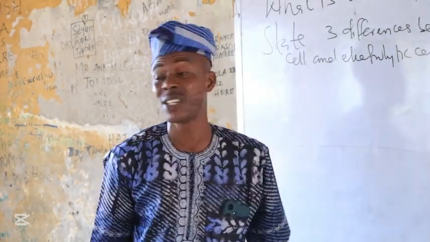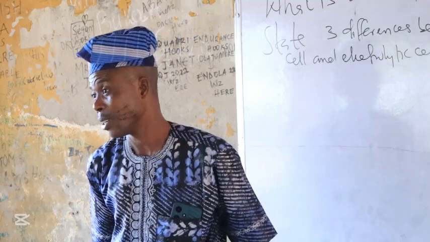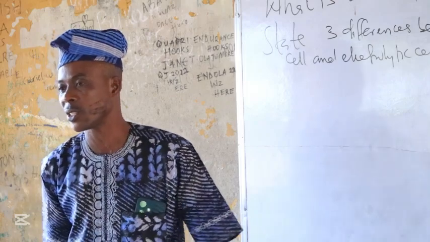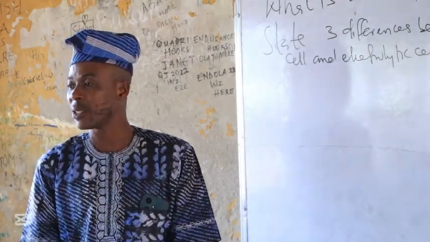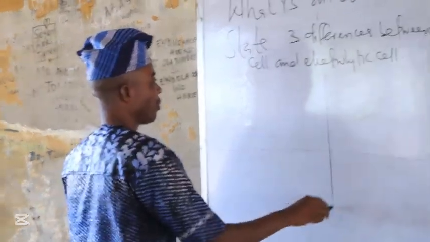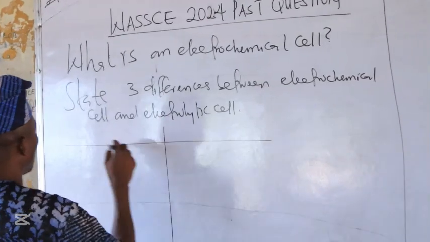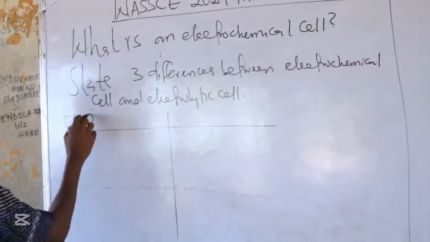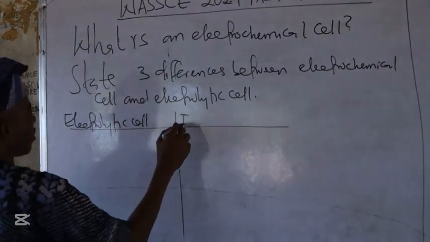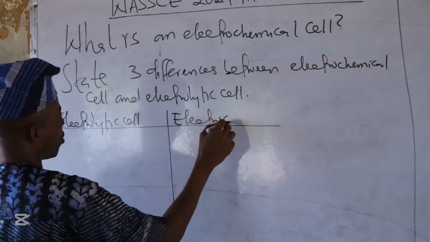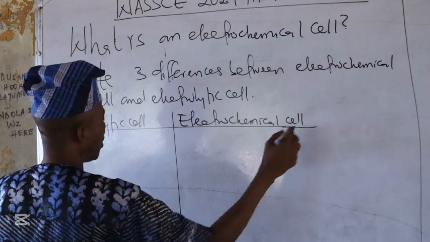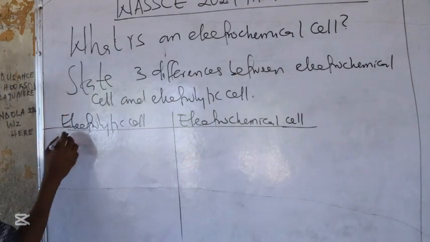And from the definition we have stated, we have given one difference. Usually when such is asked, you can write your answer in a tabular form. Now you have electrolytic cell, then we have electrochemical cell. We are given one difference.